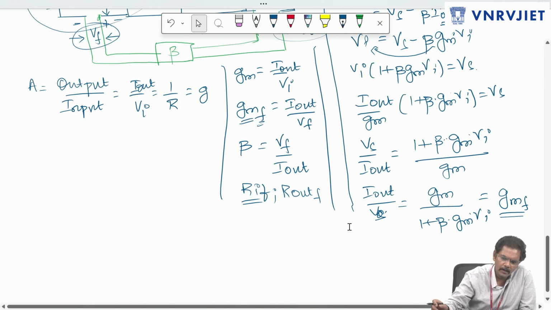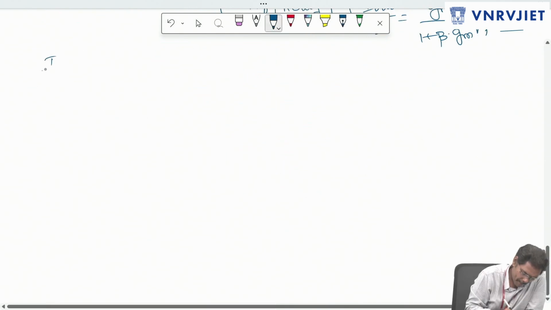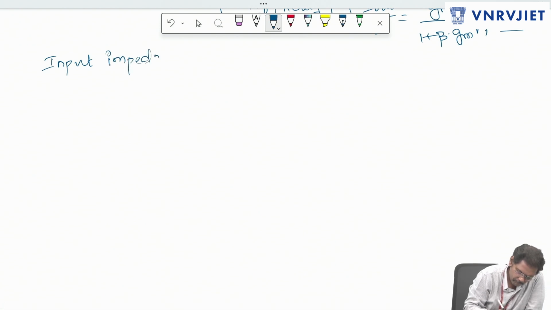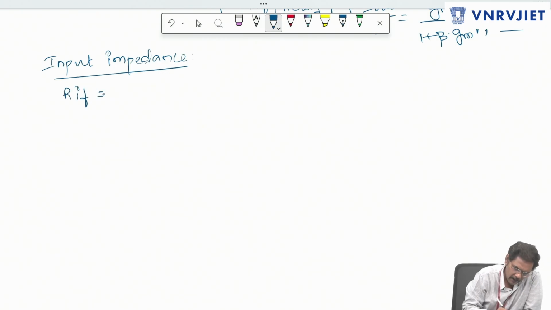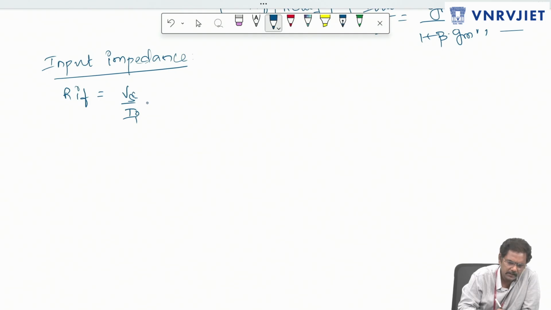Now the input impedance I'm going to calculate is Rif. Rif is Vs divided by Ii, the input current. Again we follow the same process: Vi is equal to Vs minus Vf.